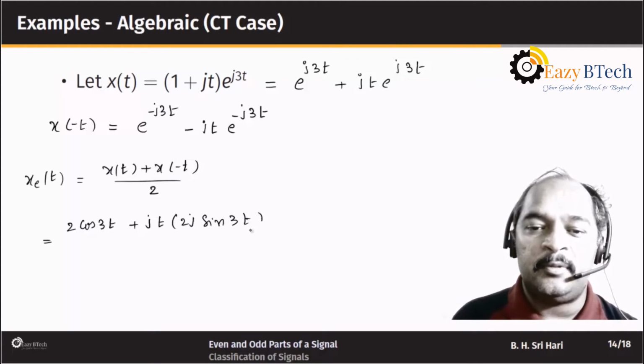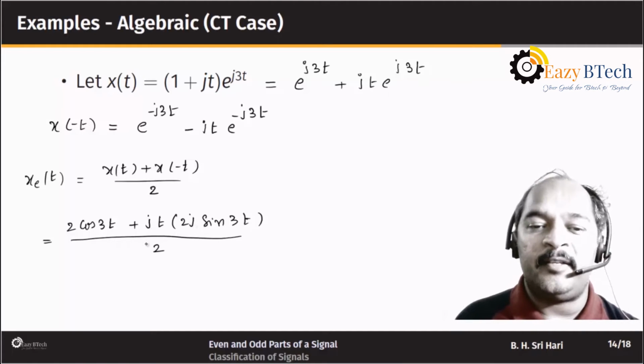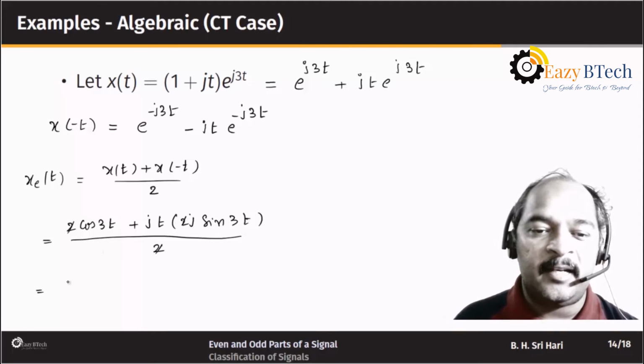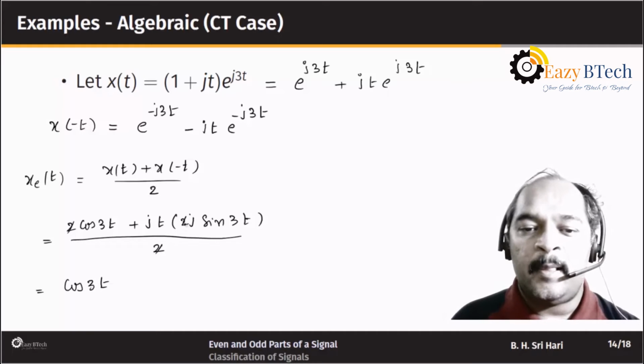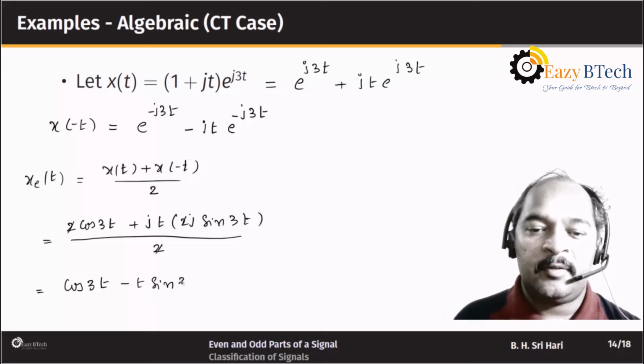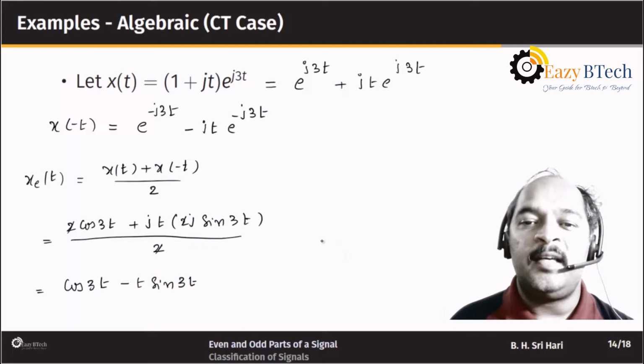So that would be 2j sin 3t divided by 2. j into j is minus 1, and 2 in the numerator and denominator will get cancelled. So what will be the final answer? cos 3t, and j into j is minus 1, so you will get minus t sin 3t. That would be the even part of the given signal.